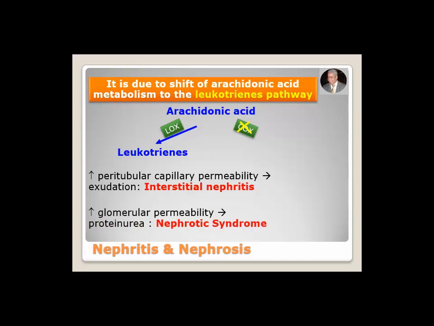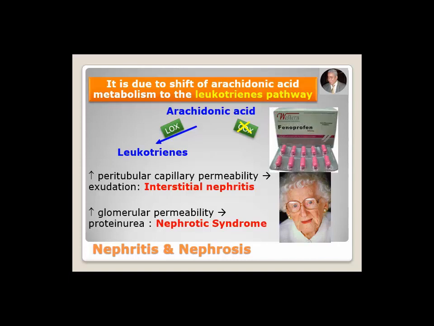Leukotrienes also increase glomerular capillary permeability, with secondary escape of albumin to the glomerular filtrate. This occurs mainly in elderly women. And with the obsolete fenoprofen. Analgesic nephropathy is the most unique form of renal toxicity.